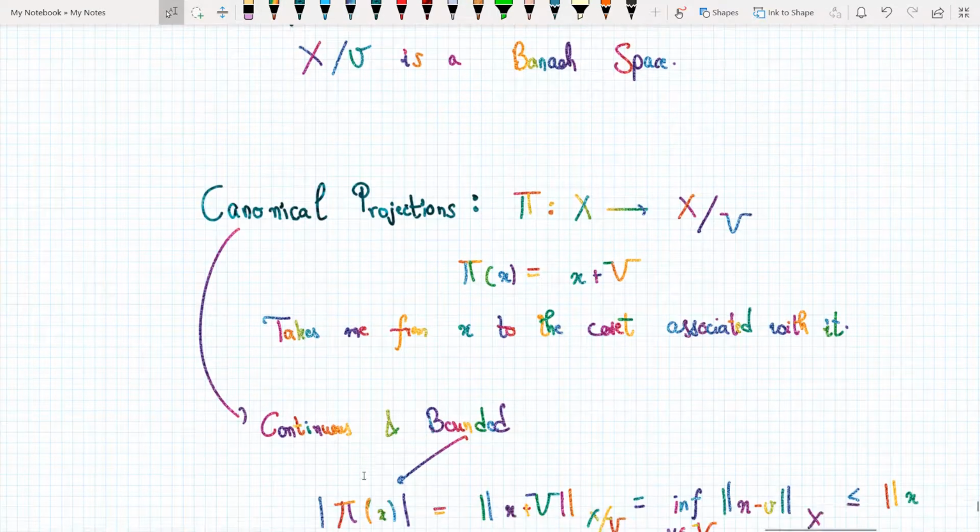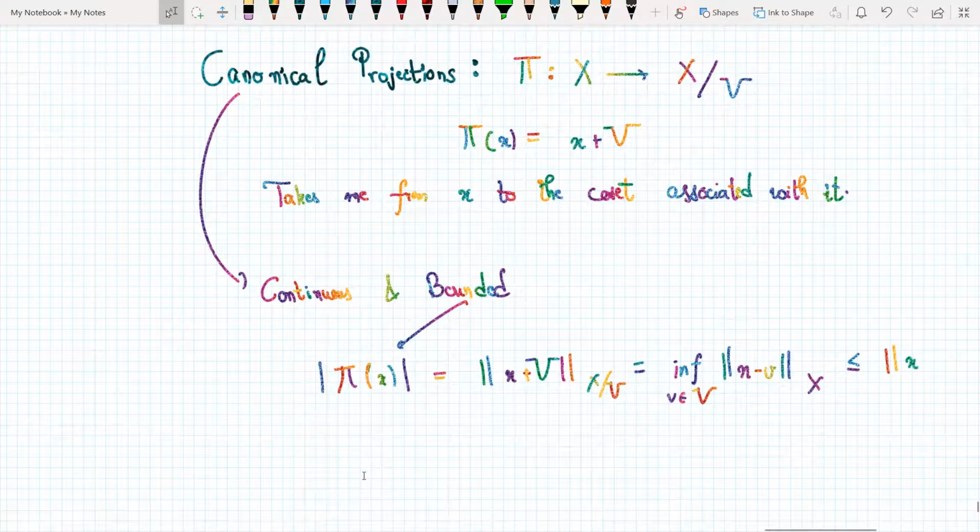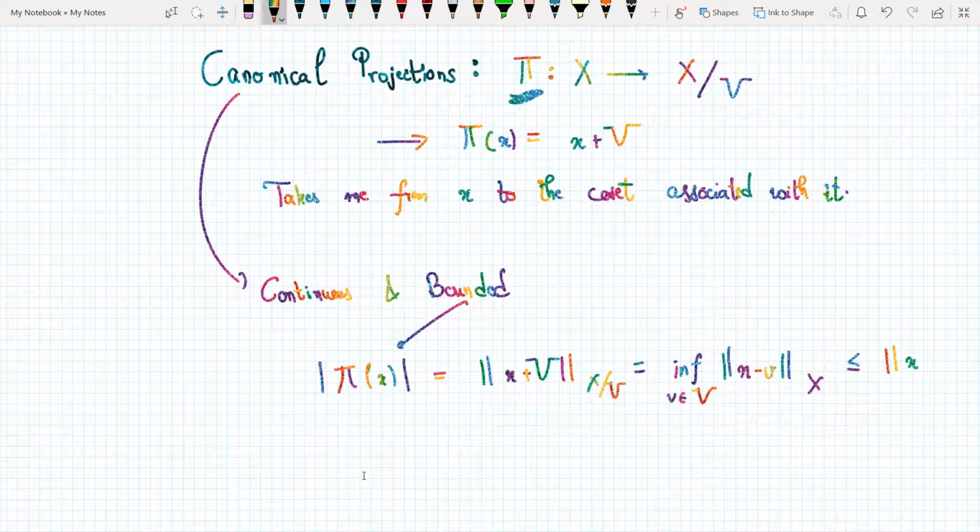Finally, I would like to put across the idea of canonical projections. So basically, canonical projections are mappings from my space X to the quotient space. The mapping is given by this formula, and it takes me from x to the coset associated with it. It's very important.